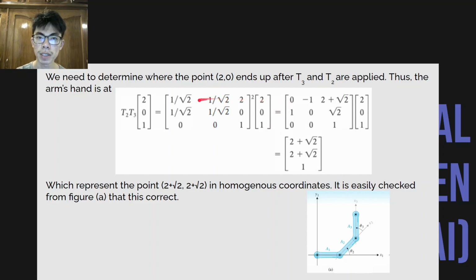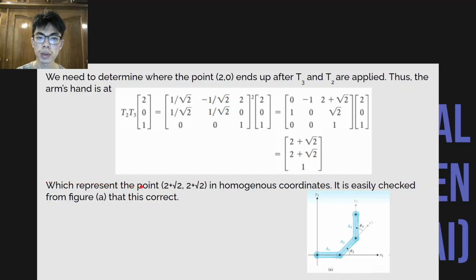Multiplying these, we get 0, minus 1, 2 plus root 2; 1, 0, root 2; 0, 0, 1, which multiplied with (2, 0, 1) gives 2 plus root 2, 2 plus root 2, 1.